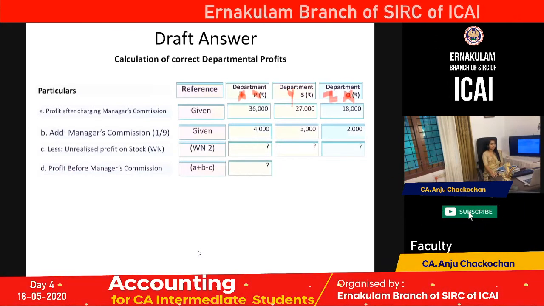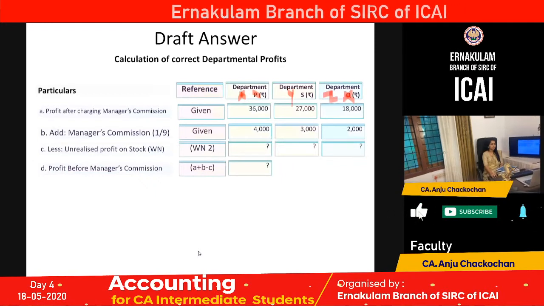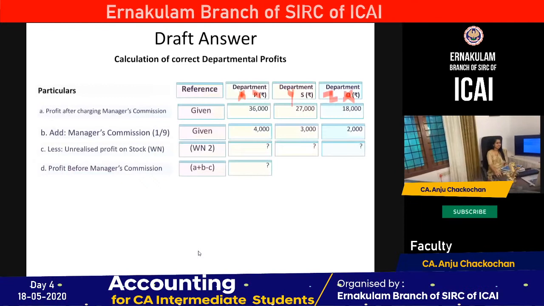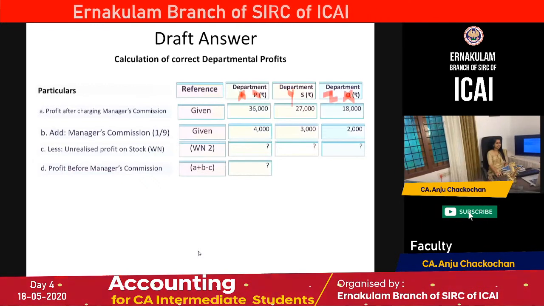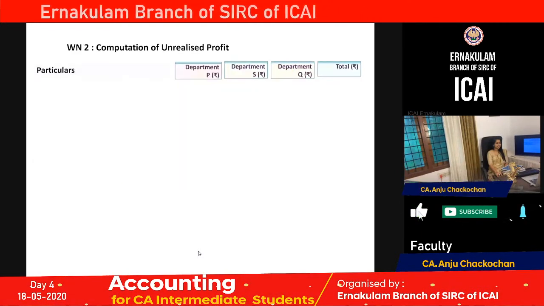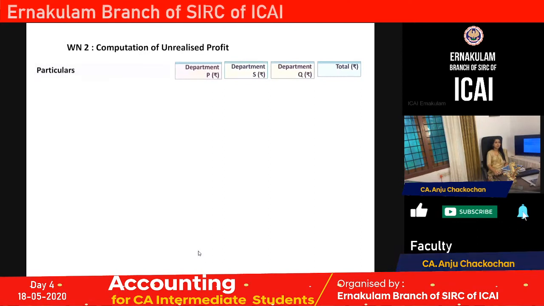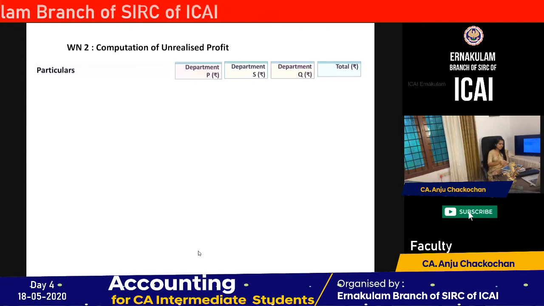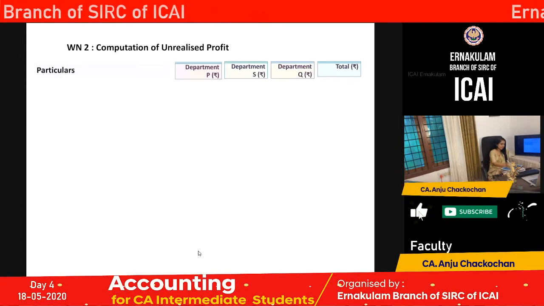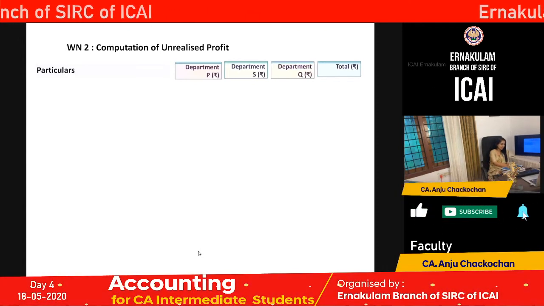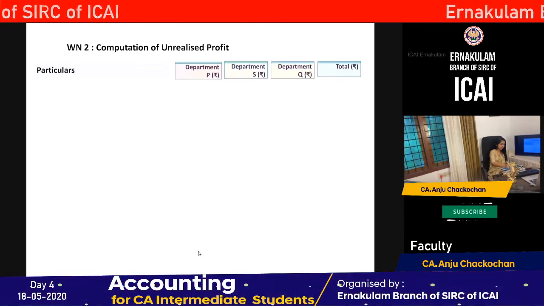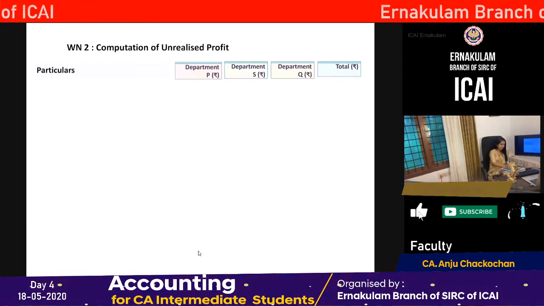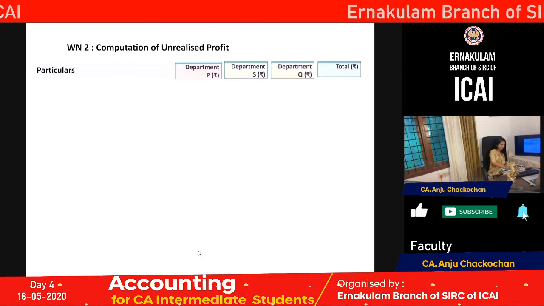Use your calculators, come up with answers. How much is the unrealized profit for different departments? What is the unrealized profit for X, Y, and Z?